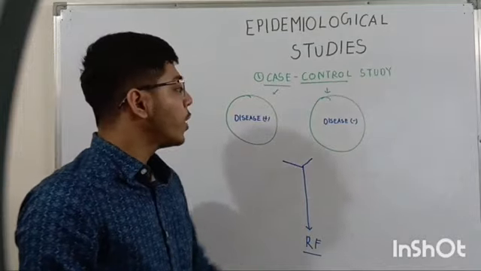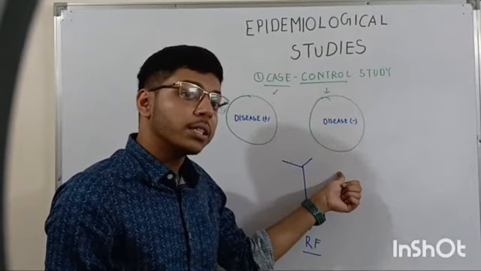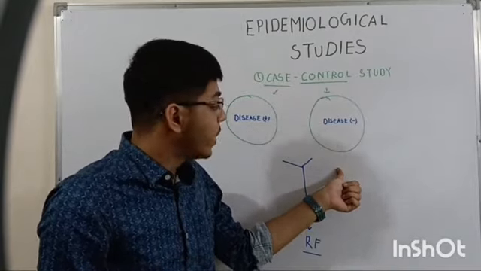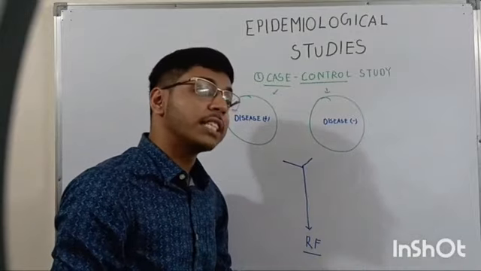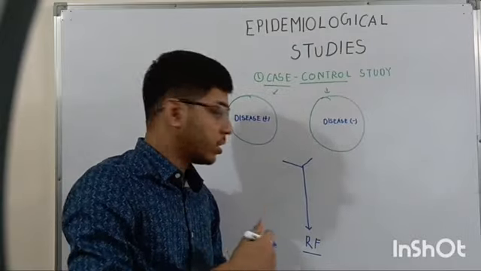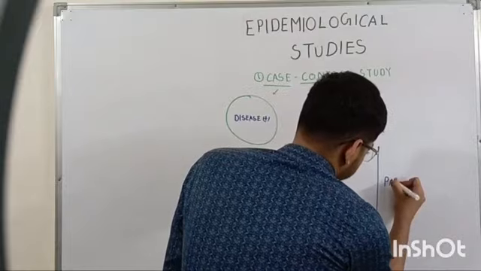So evidently we are going into the past. At present, the person has the disease and we are asking whether he had exposure to the risk factor at a past stage. So we are going into the past.